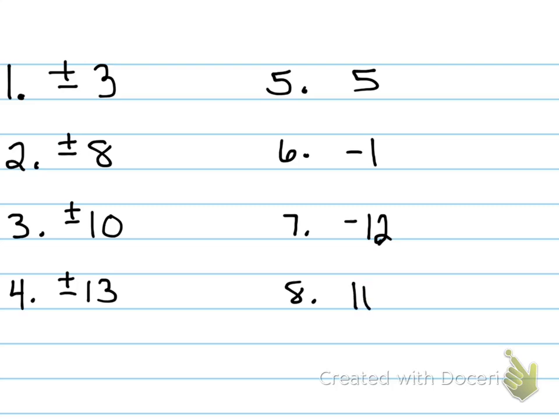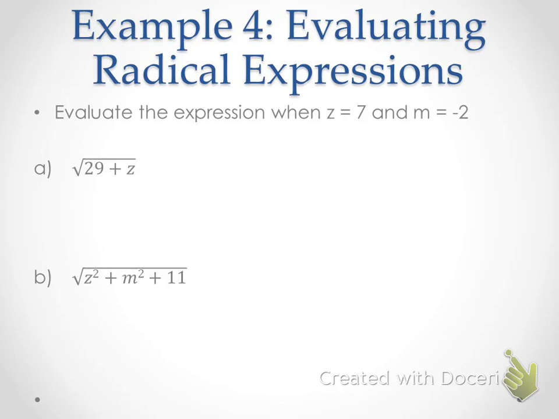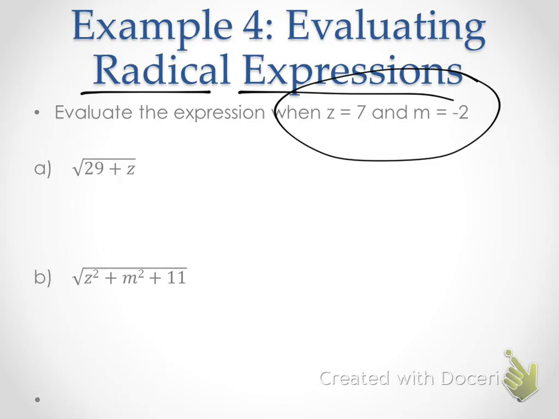Very good. All right, now in example 4, we are evaluating radical expressions. And notice that they give us some information that's important to know in the directions. What does Z equal? 7. What does M equal? Negative 2.